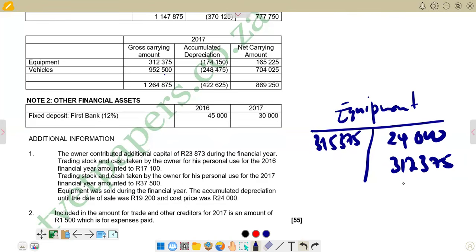So if you try to balance there, we see that the credit side is going to be greater. So we say 24,000, and then we add your 312,375, and the answer that we are going to get is 336,375.